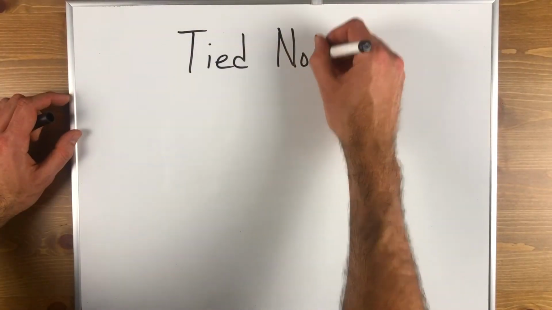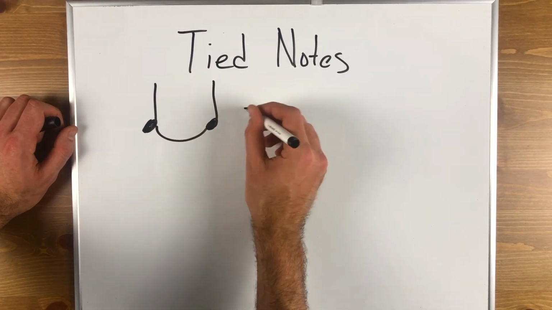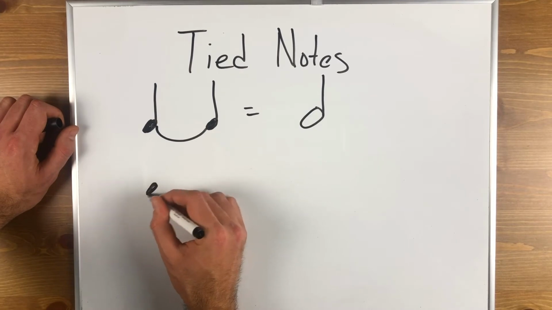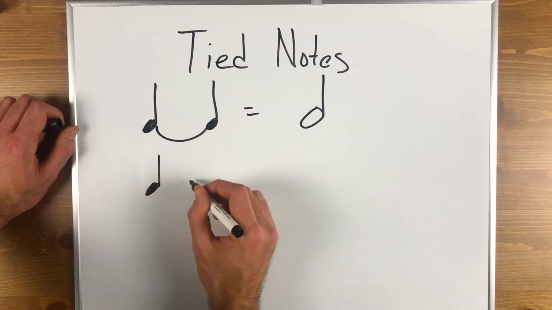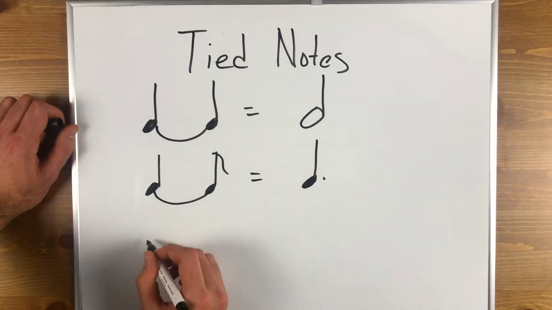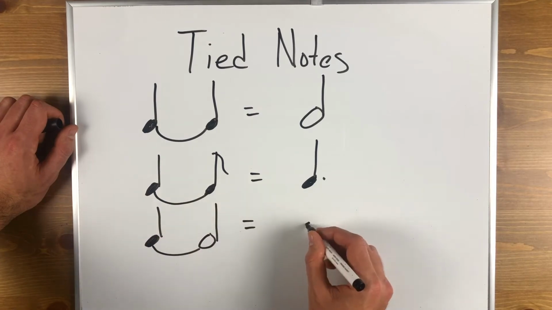Next, we have ties, and ties do a very similar job to dots, except that ties can essentially join any 2 rhythmic values together to create one long note that's held for a certain amount of time. So for example, we could take 2 quarter notes and tie them together, and actually it's the same thing as a half note, it's just written differently.